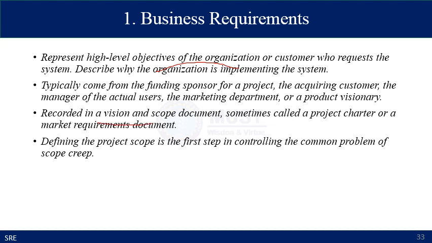So these are recorded again in the vision and scope document, sometimes called a project charter or market requirement document. So defining the project scope is the first step in controlling the common problem of scope creep.